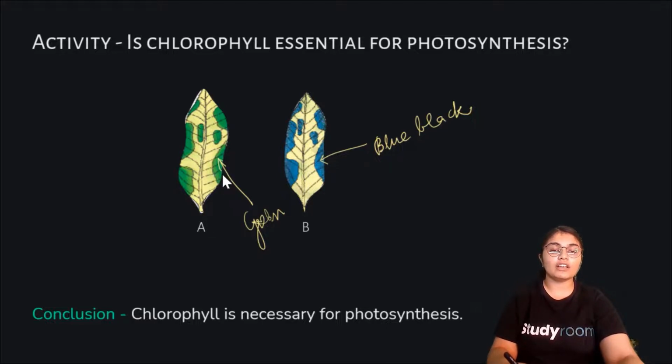Since the photosynthesis took place only in the greener parts of the leaves, we can say that chlorophyll is a very necessary thing for photosynthesis. The yellow parts do not have chlorophyll, so photosynthesis did not take place there. This can be proven by doing this activity.